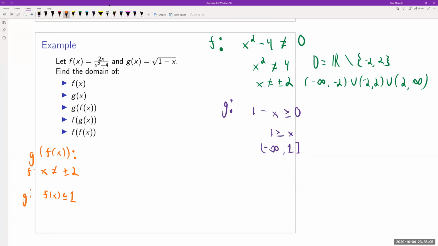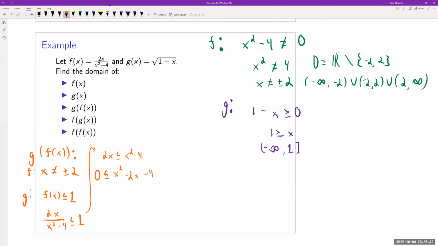Well, in order to find this, we'll need to go ahead and set up a number line because we're setting up a complicated inequality here. So that means that I will have 2x over x squared minus 4 is less than or equal to 1. So this will give me, let's see, 2x is less than or equal to x squared minus 4. X squared minus 2x minus 4 is greater than or equal to 0.